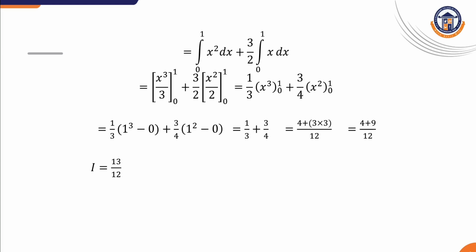Substituting the limits: 1/3 into (1³ minus 0³), plus 3/4 into (1² minus 0). Simplifying, 1/3 plus 3/4. Taking the LCM of 3 and 4, which is 12, we cross multiply: (4 + 9)/12. The final answer of this problem is 13/12.